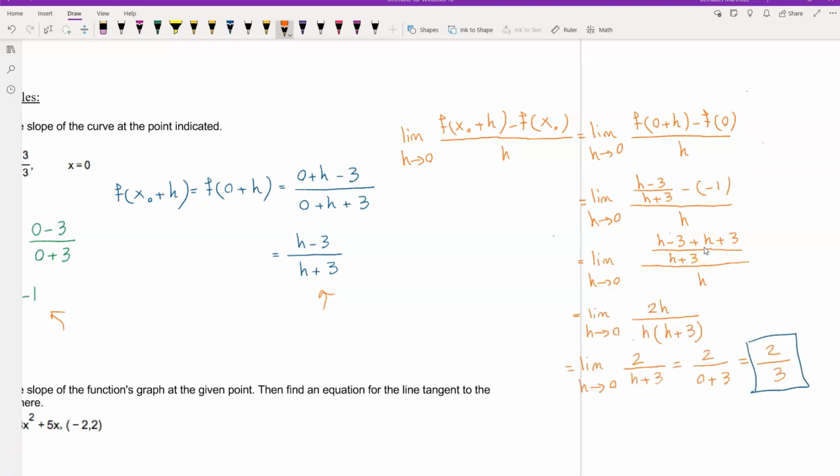So we had 2h divided by h plus 3 and then divide by h. What we're going to have is 2h divided by h times h plus 3. Now find limit as h approaches 0. Here we can factor out h.